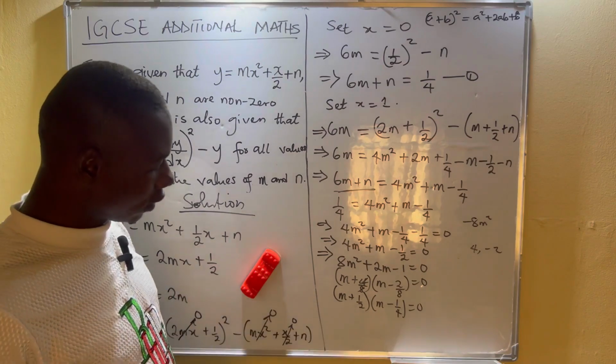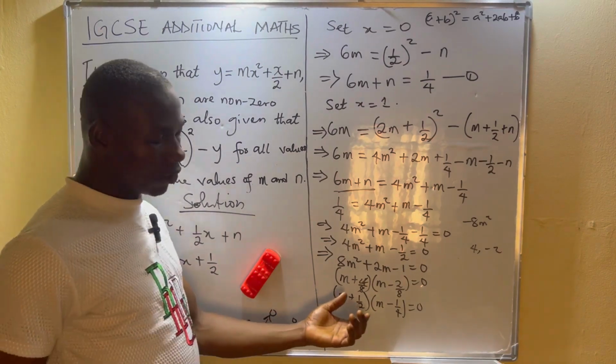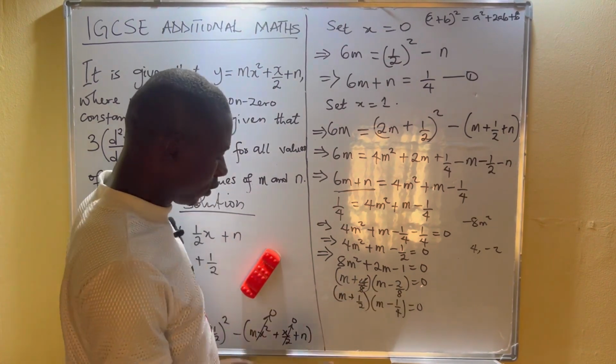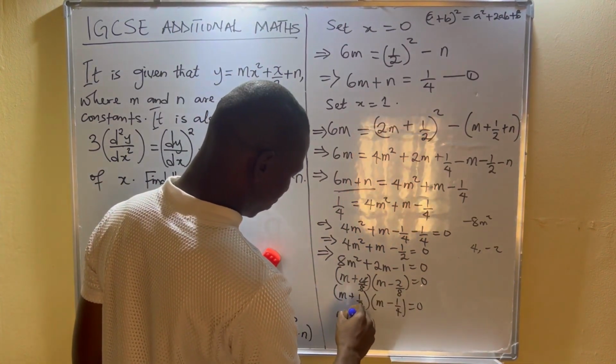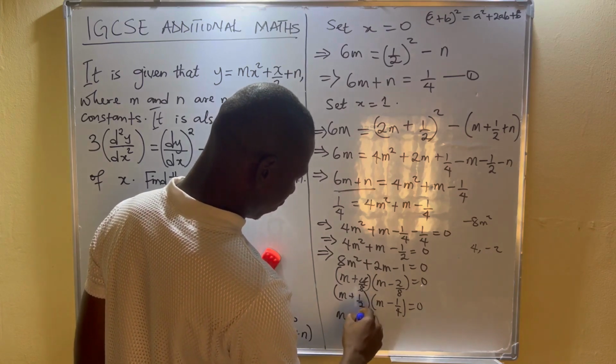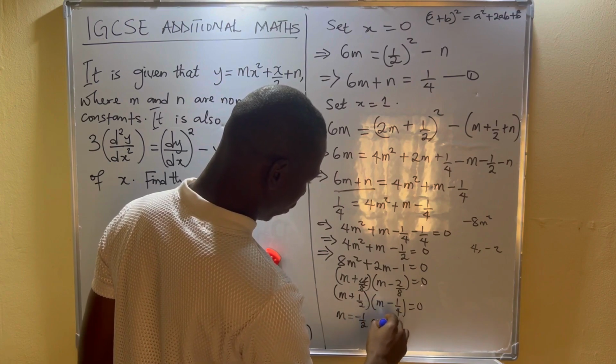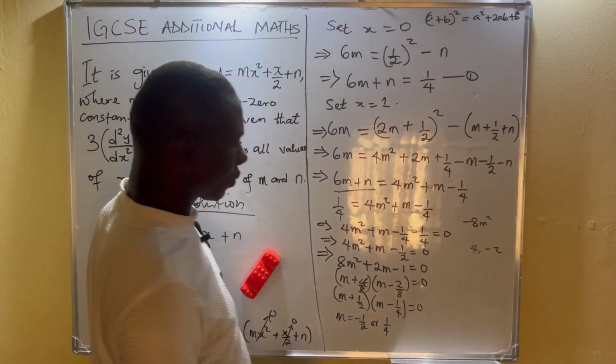So you can see that for free. If we set each of the brackets to 0, you have that m is equal to minus 1 over 2 or 1 over 4.